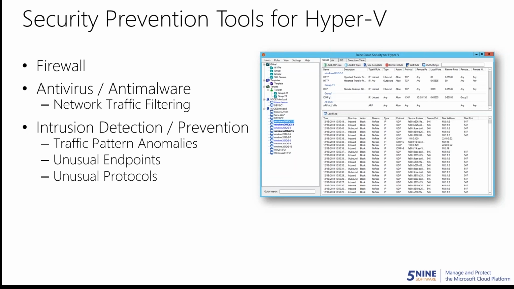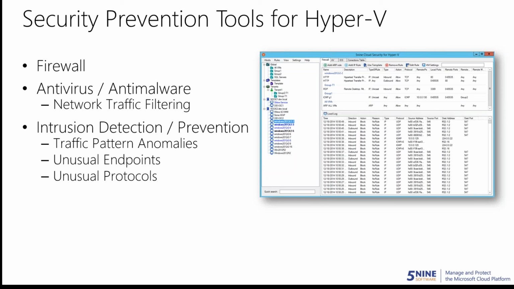Now, there's a whole new class of protection known as intrusion detection and intrusion prevention. And what IDS and IPS does is it often looks for anomalies within your traffic. So with intrusion detection and intrusion prevention, what's actually happening is you're going to have multiple endpoints in your environment that are reporting data.